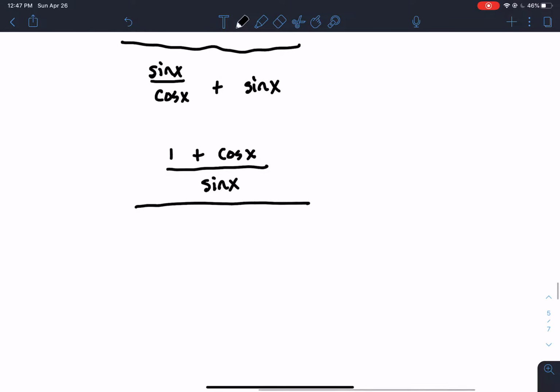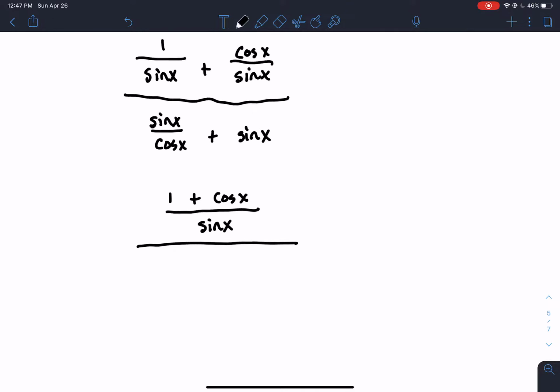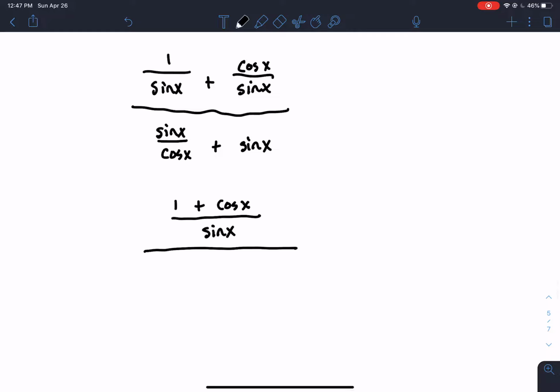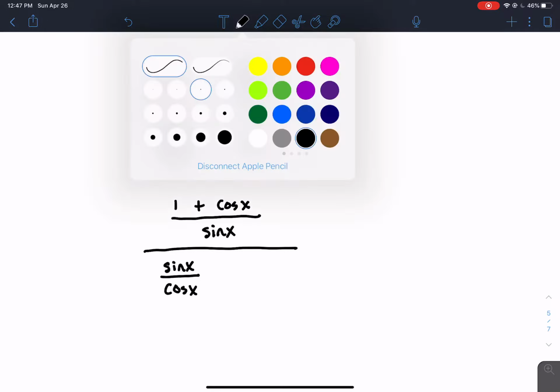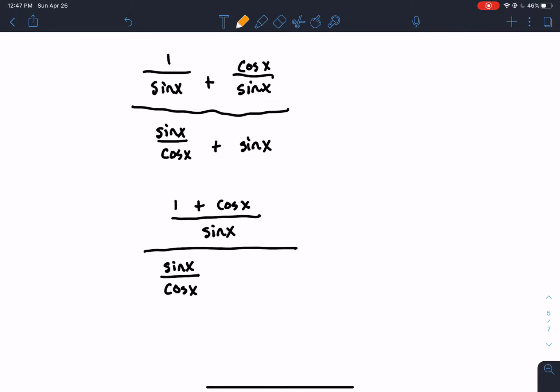Okay, and then on the bottom, how can we put that together? Well, we're going to need a common denominator, right? So sine over cosine, and then I'm going to need to multiply this sine of x term by cosine over cosine. Remember, this is just sine over 1.